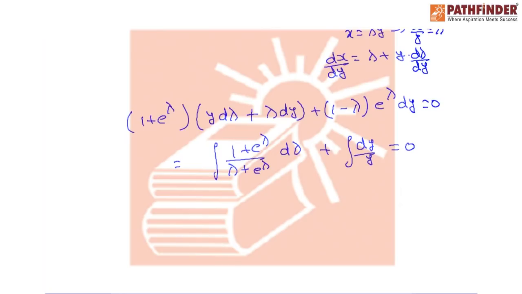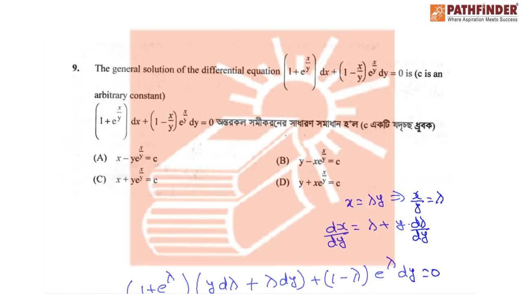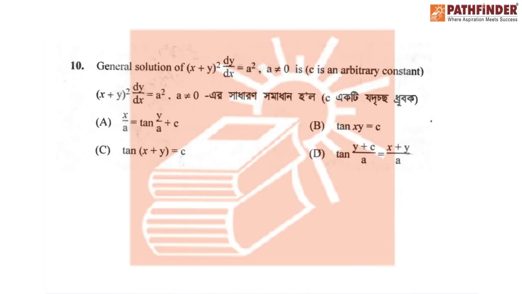Now we will integrate it. After integration, we get log lambda plus e to the power lambda plus log mod of y is equal to constant. We can take it as log c, and finally substituting lambda, we get x plus y e to the power x by y is equal to constant, which is given in option C.